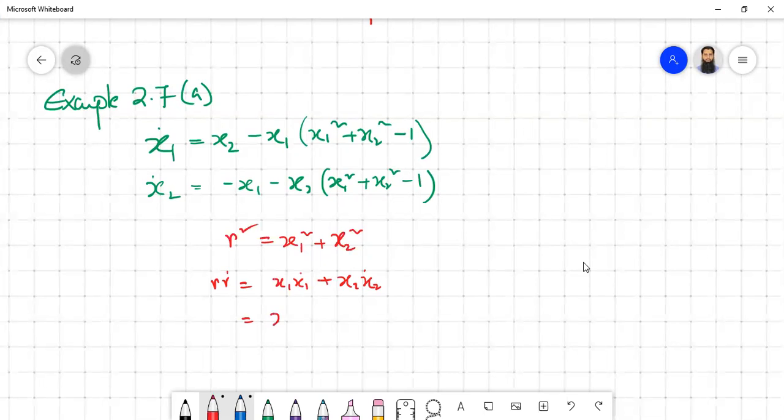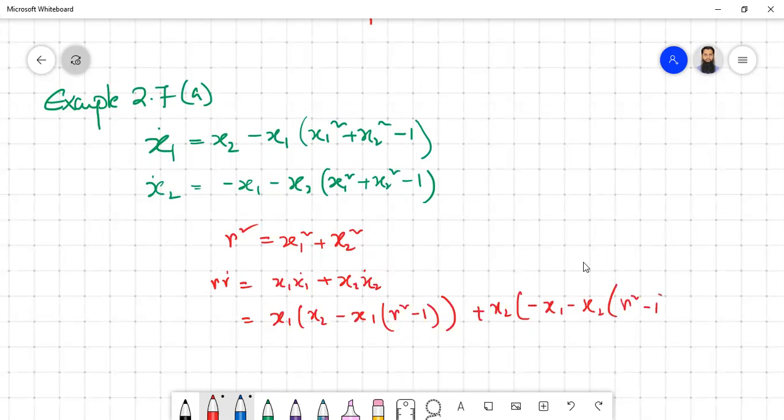So x1 x2 minus x1 square times (r square minus 1), then x2 times minus x1 minus x2 times (r square minus 1).